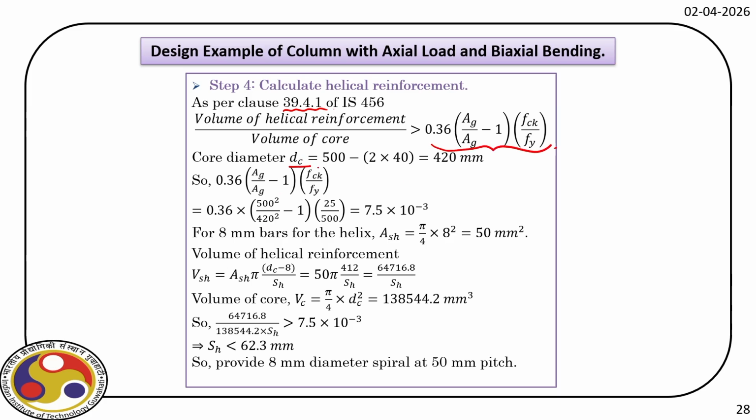Core diameter Dc is actually 500, that is the diameter, and then the clear cover from either side is 2 times 40. So we have 420 millimeter. Then we can find out this expression on the right hand side. So that expression is 7.5 into 10 to the power minus 3.